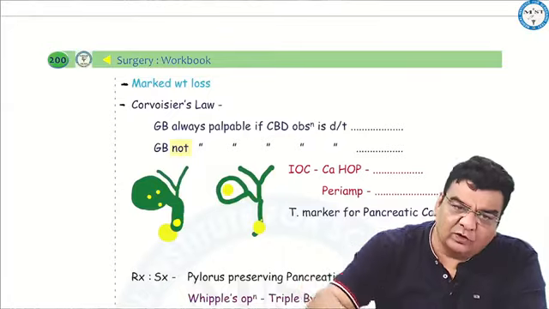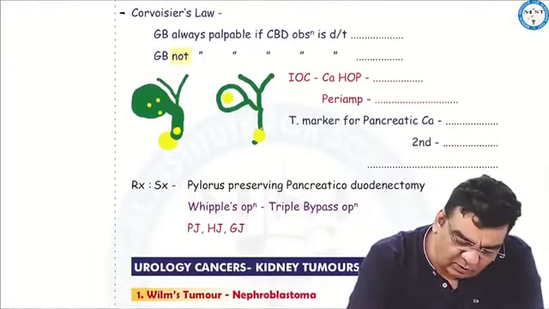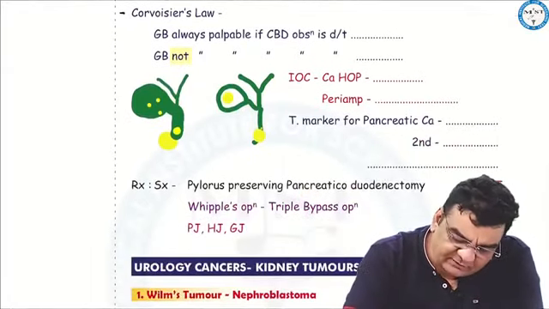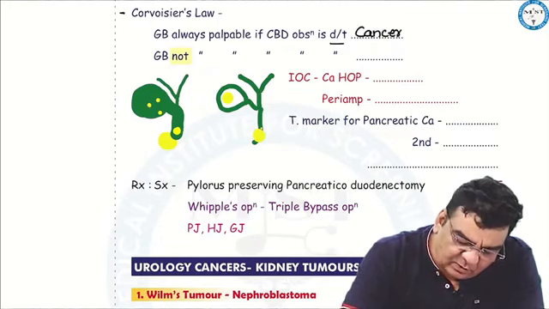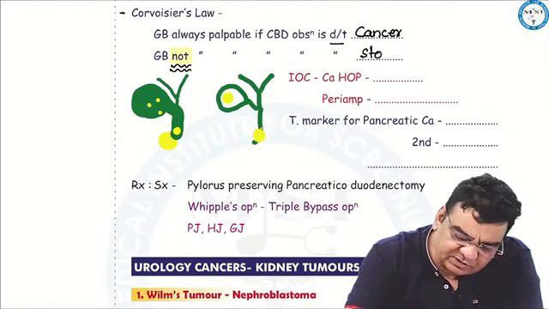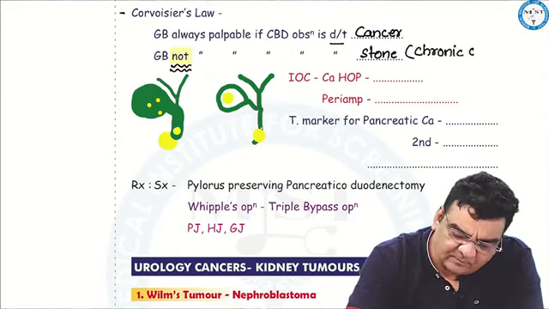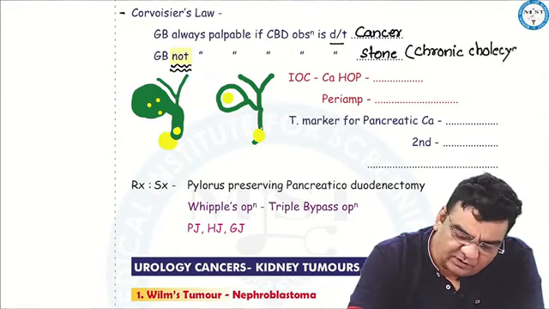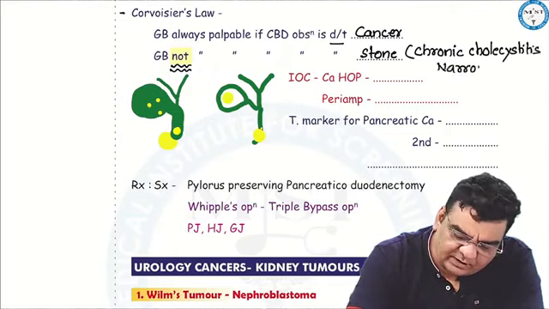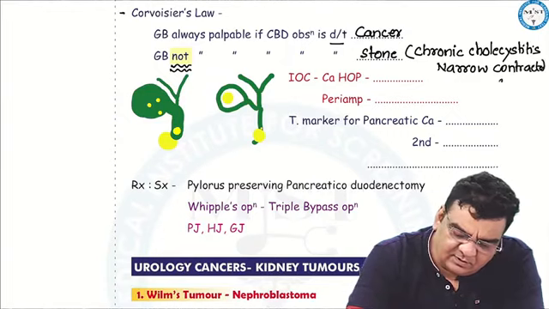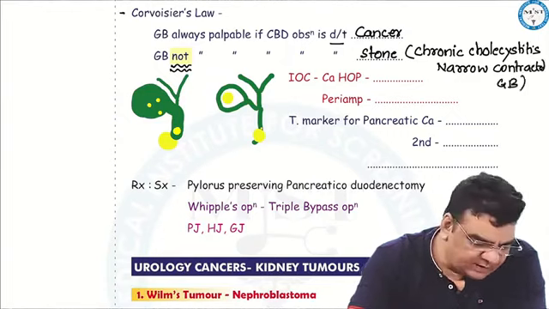So according to Courvoisier's law, the gallbladder is always palpable if CBD obstruction is due to cancer, but not always palpable if CBD obstruction is due to stone, and the reason is chronic cholecystitis. In chronic cholecystitis, we find a narrow contracted gallbladder.